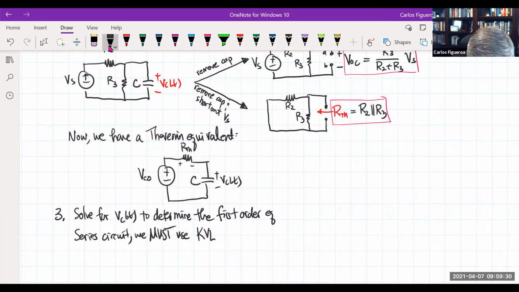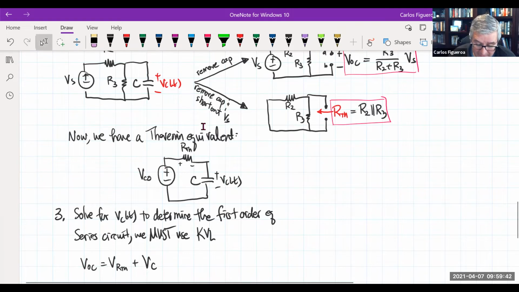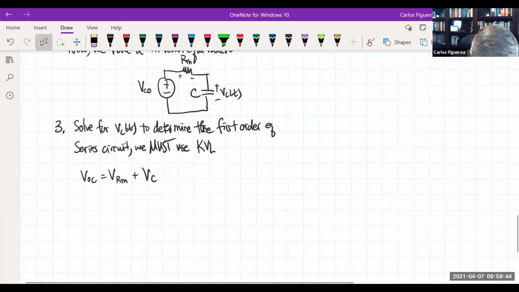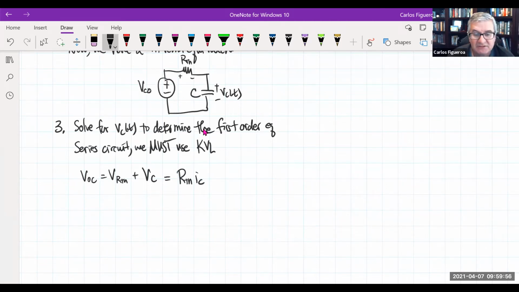So this tells us that VOC, the source voltage, has to be the combination of RTH times the current plus VC. And I know that the voltage across the Thevenin resistance must be related to the current of the capacitor, because it's the capacitor that's dominating this thing.